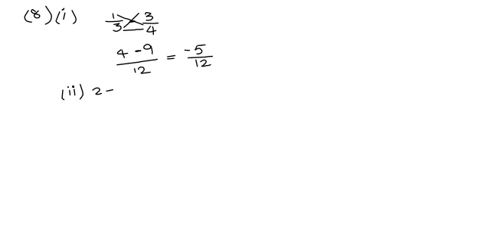Okay, now we'll go for the third question. Minus 7 from minus 4 by 7. Nothing is present, so keep a divide by 1. You do the cross and down multiplication.